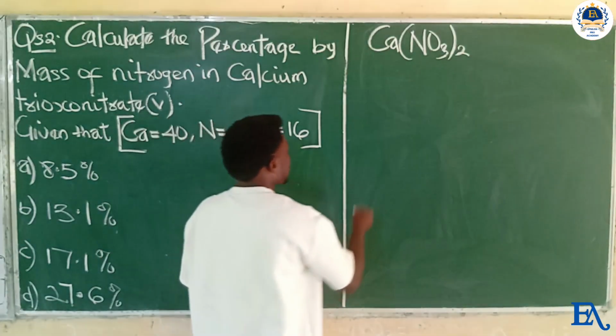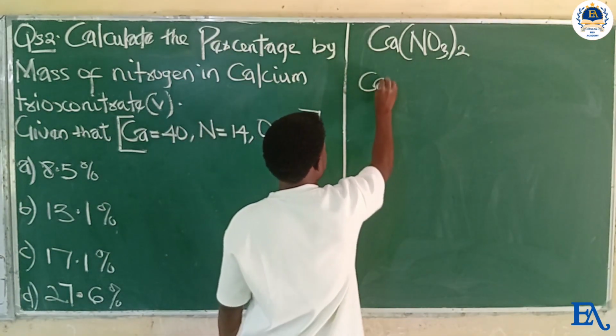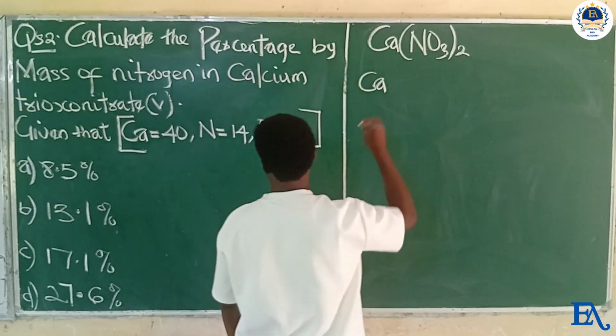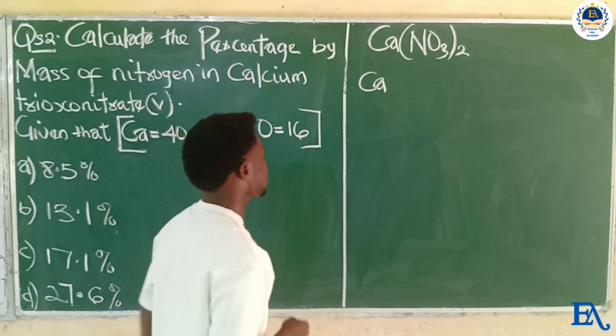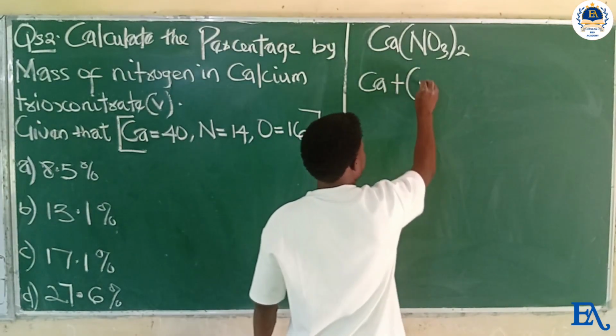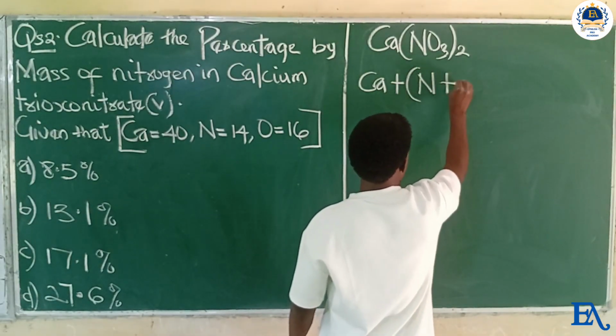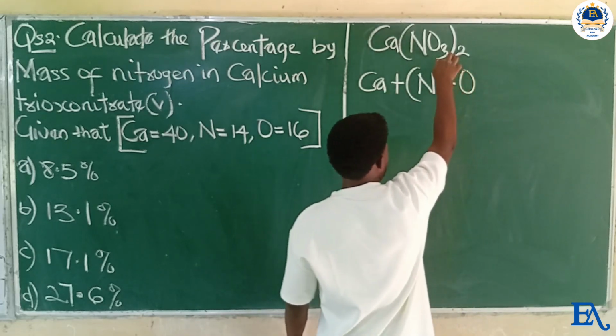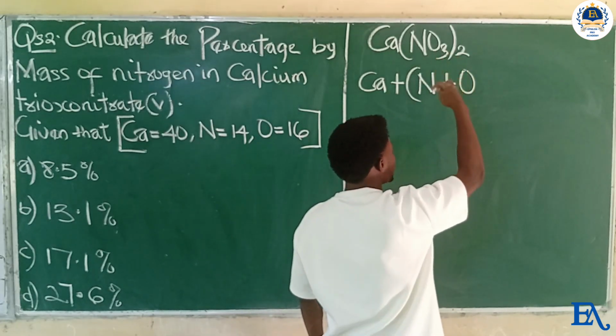Next thing to do is to calculate the molar mass of this compound. To calculate the molar mass, we add each of the respective elements present, then substitute with the masses given. We have Ca plus, in bracket, N plus oxygen. Oxygen has 3 atoms.